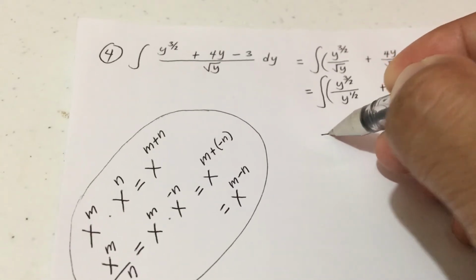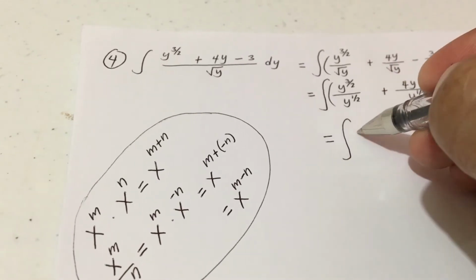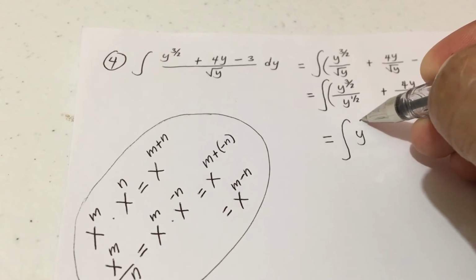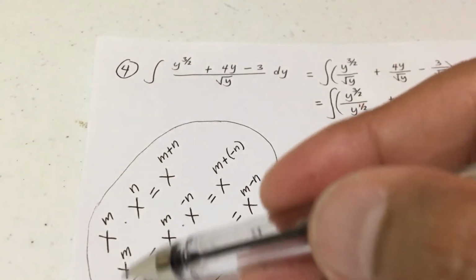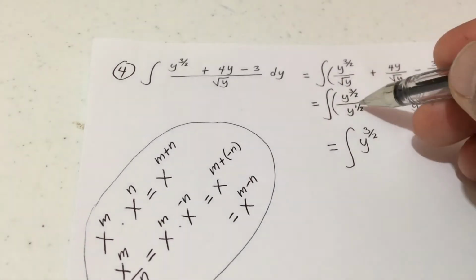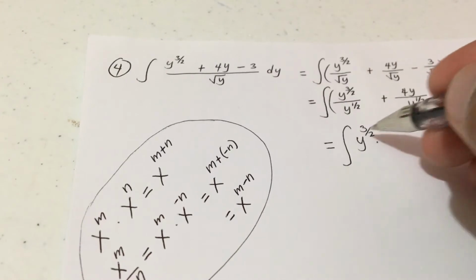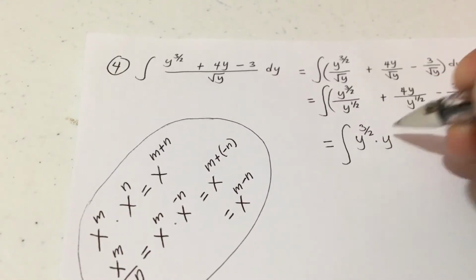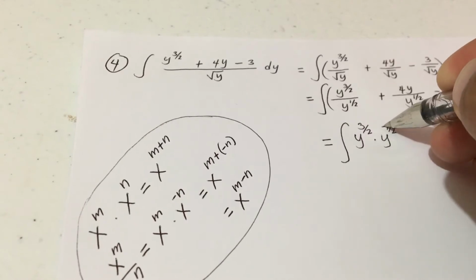So rewriting, we have integral of y to the 3 halves. Then following this concept, we can bring this denominator up, multiplied by the numerator, so y to the 1/2, but this time this becomes negative.